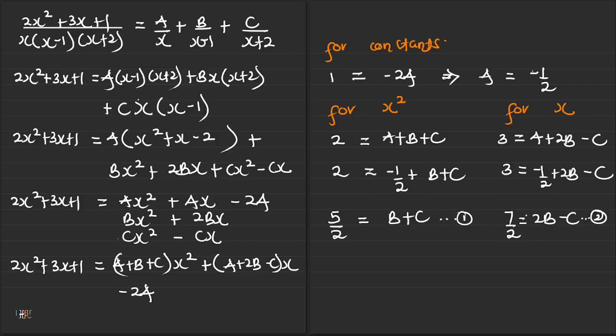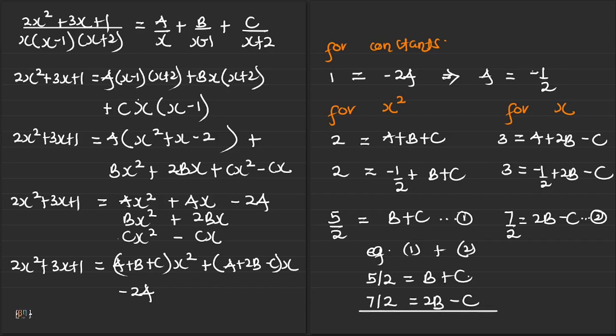We then need to solve. So solving simultaneously, I'll use the elimination method. In the elimination method, all I'm going to do is add equation 1 to equation 2. That is 5 over 2, which is equal to b plus c, being added to 7 over 2, which is equal to 2b minus c.